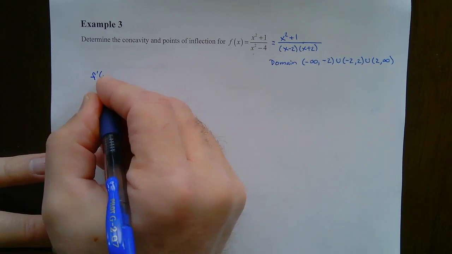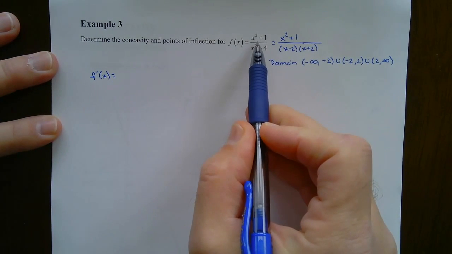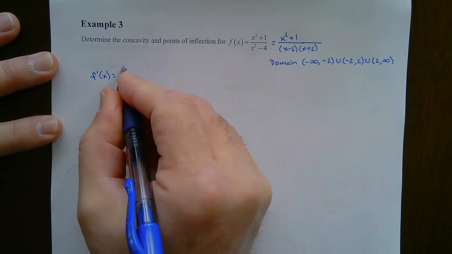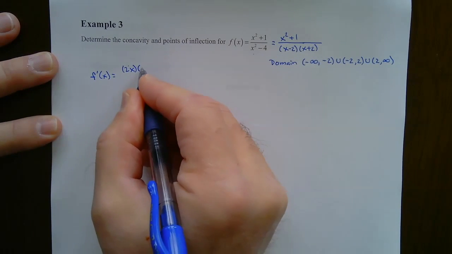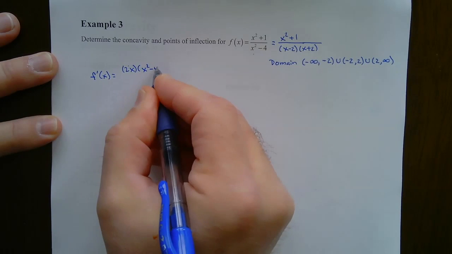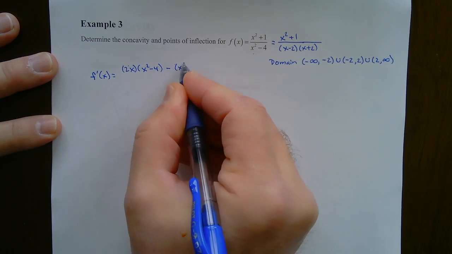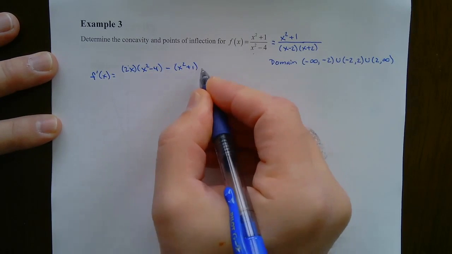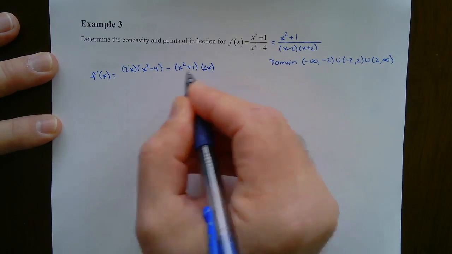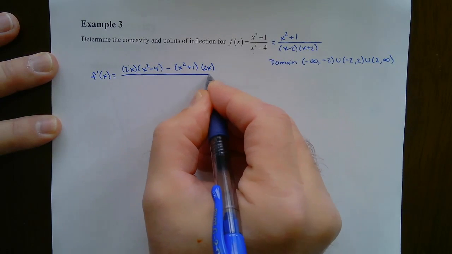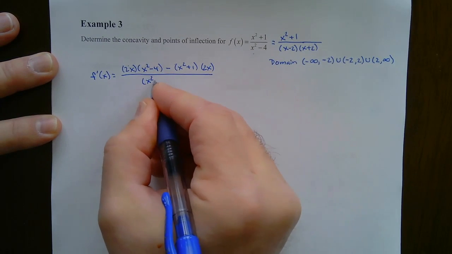So f prime of x would equal, we have to take the derivative of the top, which would be 2x, times the bottom, which is x squared minus 4, and then minus the top, which is x squared plus 1, times the derivative of the bottom, which would just be 2x, all over the denominator, which is x squared minus 4 squared.